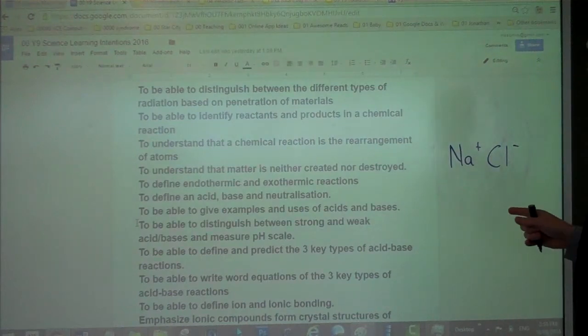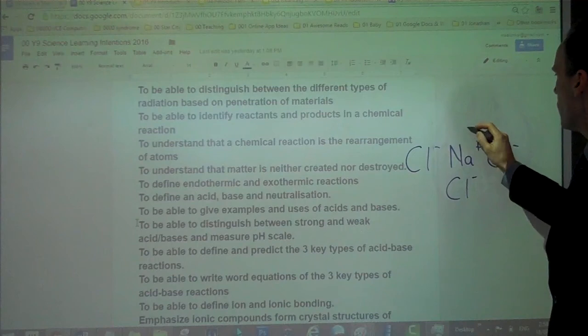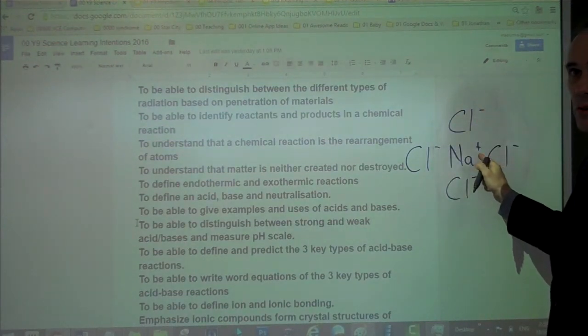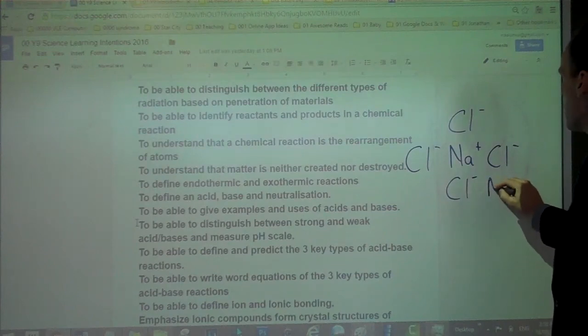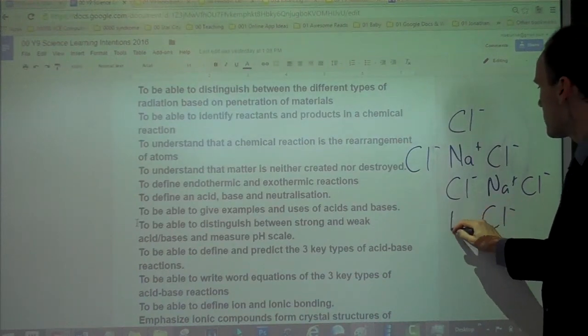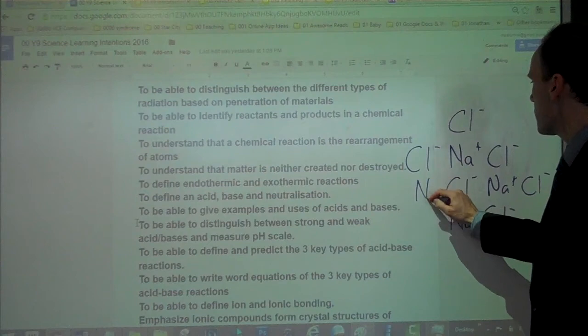But what actually happens is the sodium will attract chlorine all around it. It'll share a little bit of that positive charge with multiple chlorines, and the chlorines will actually attract sodiums all around them, like a lattice. And it becomes a lattice. One of one, one of the other, and so on and so forth.